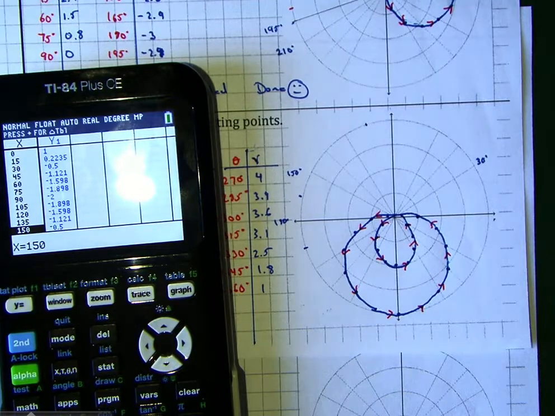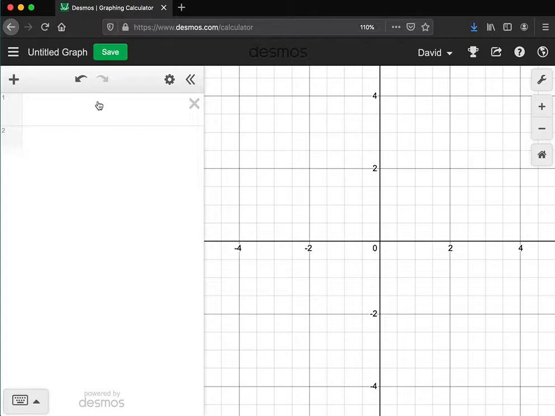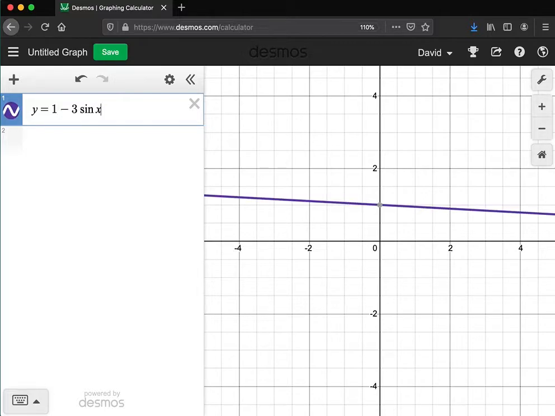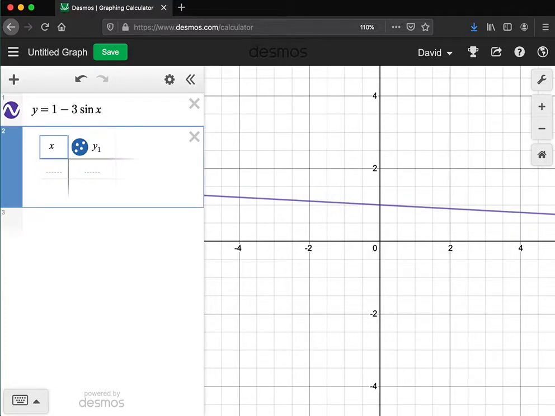Now, some of you probably used Desmos, and you just typed in the equation y equals 1 minus 3 sine of x. And then you place a table: this is my x, and this is my y.